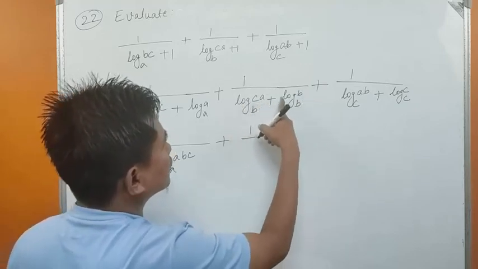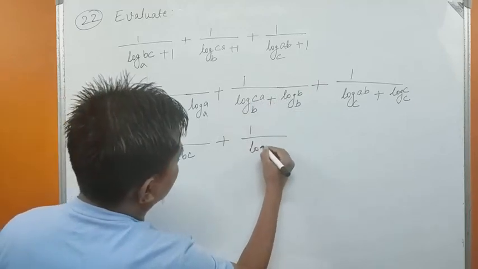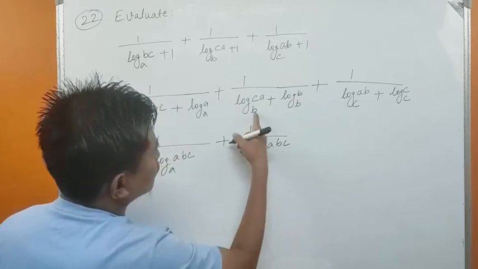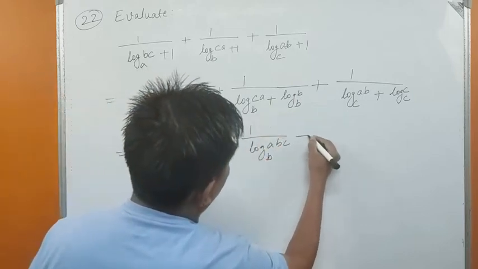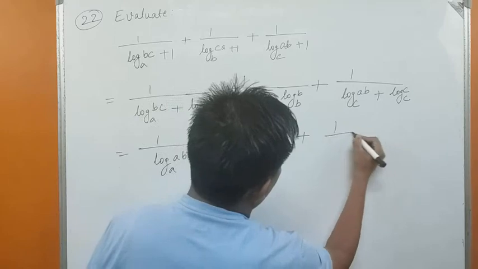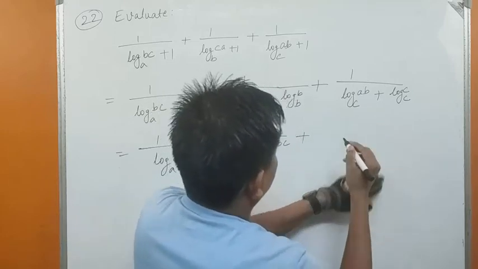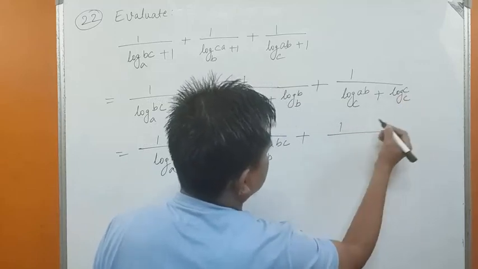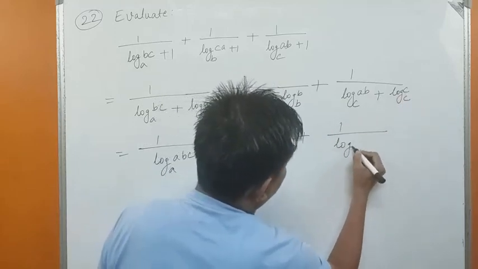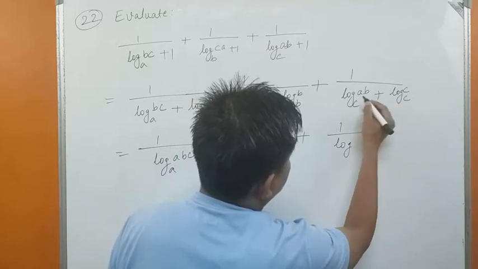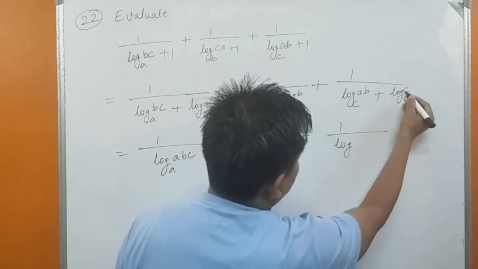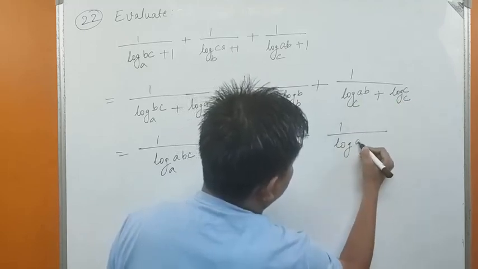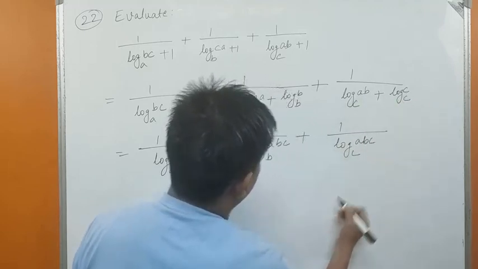So log ca into b is abc to the base b, plus 1 upon log ab to the base c plus log c to the base c, bases are equal, so log ab into c, that is abc to the base c.